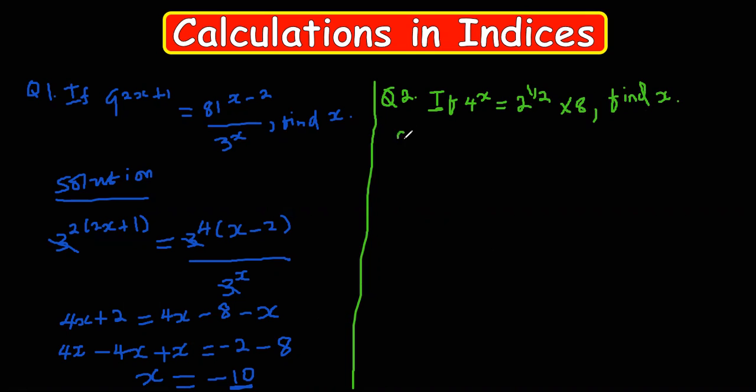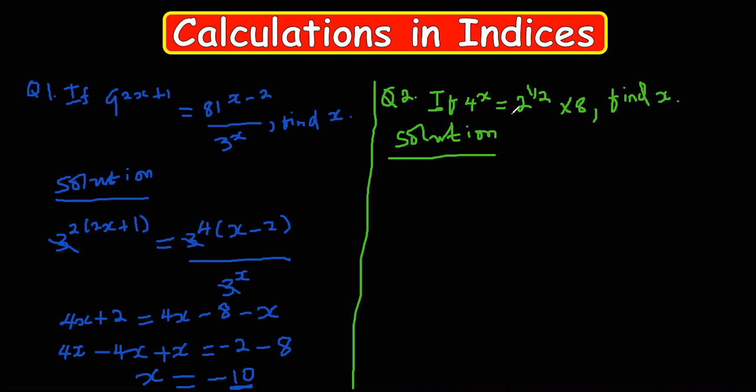So we have 4 to the power of x, not 4x, and 2 to the power of 1 over 2 times 8. We are going to look for this x. The same rule is applied here. What we did in question 1, we're going to repeat it here.